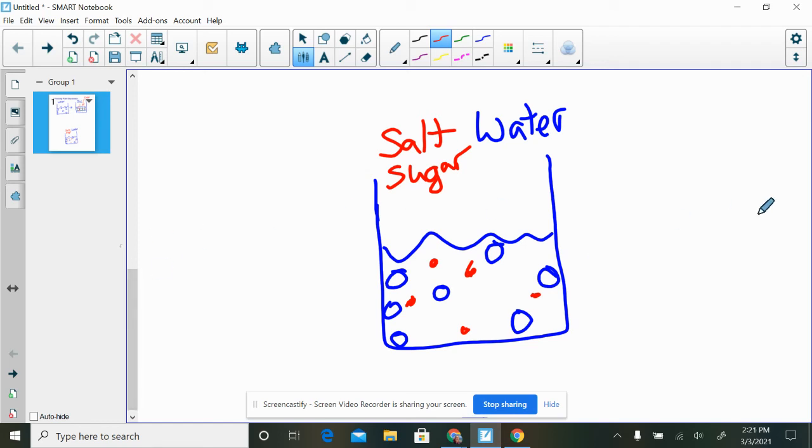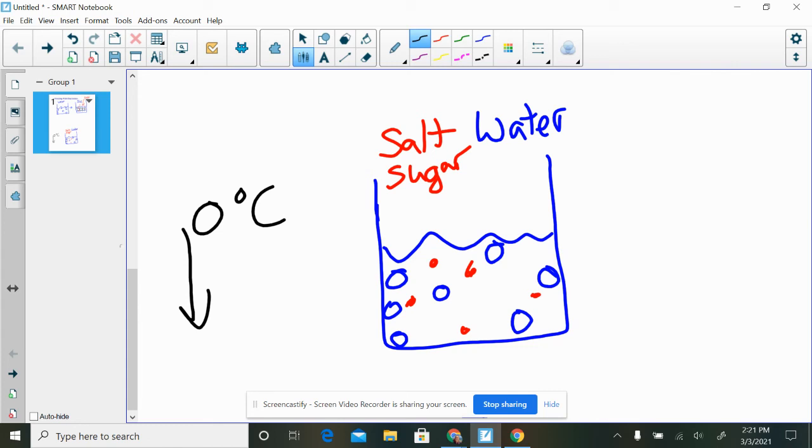And what it means is that, let's say normally when you look at water, water freezes at 0 degrees Celsius. That's freezing, it's very cold. And when you add salt or sugar to the water, it actually lowers the temperature at which the water freezes.